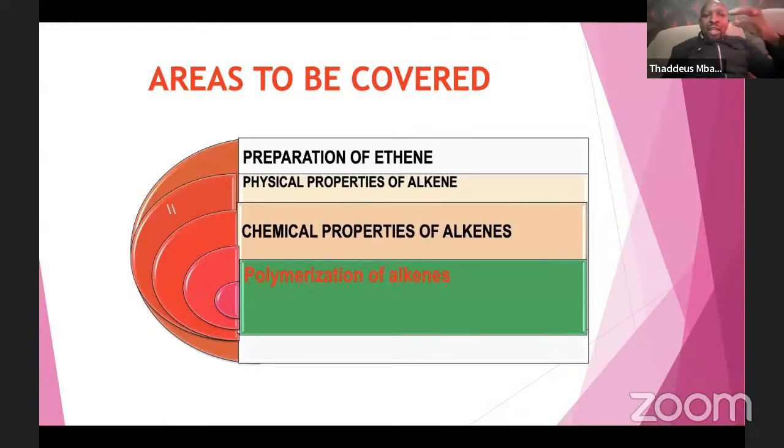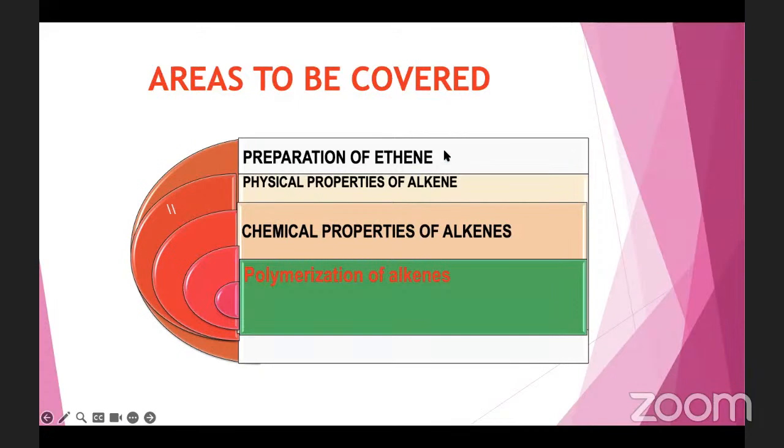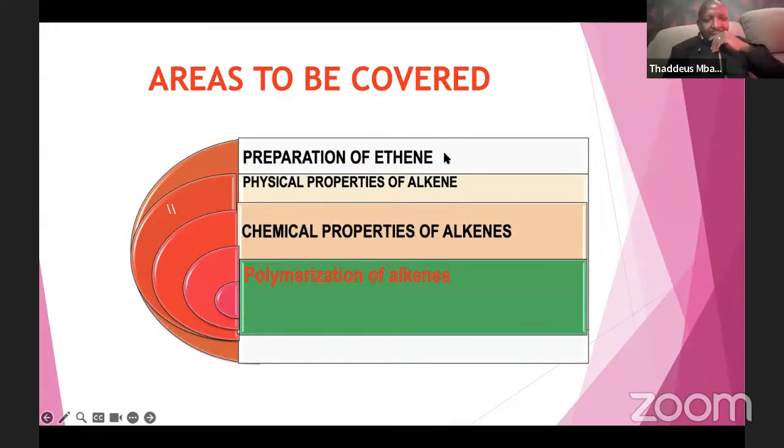The first member of alkene is ethene. What is the second member of the alkene series? Propene. We have the first member being ethene. Let me just review that topic a little bit.